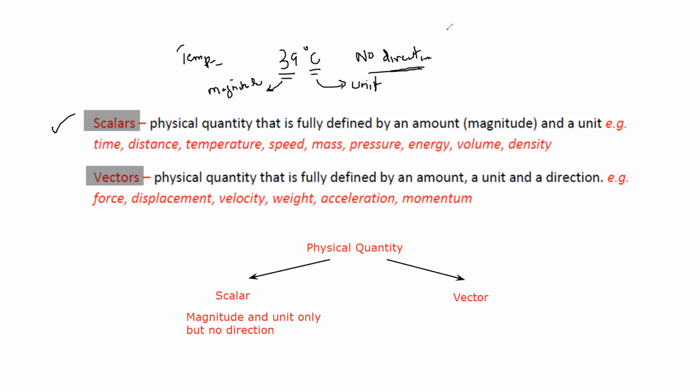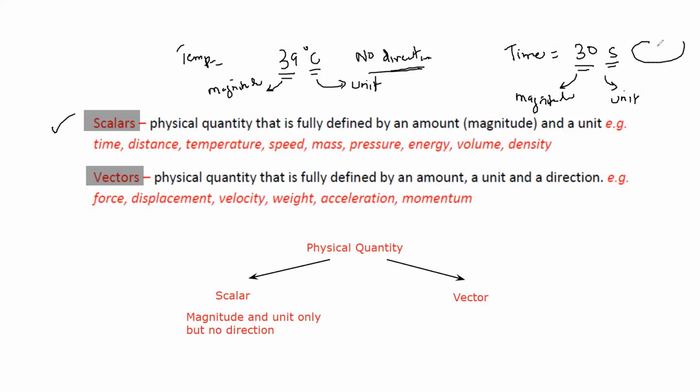Same thing, if I say an object took 30 seconds to reach from point A to point B, this 30 is a number representing a magnitude, and second is a unit.